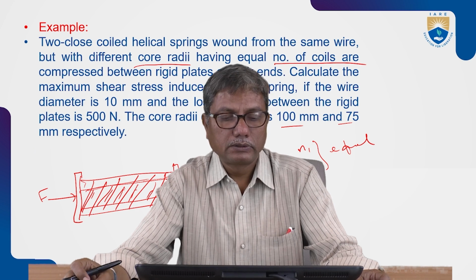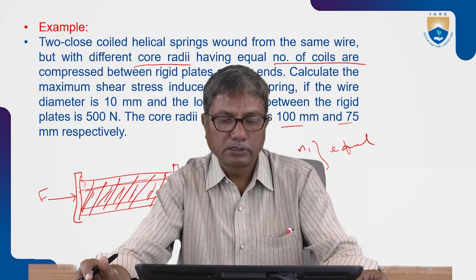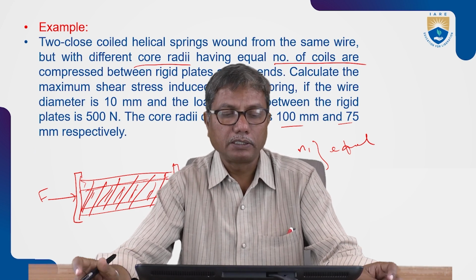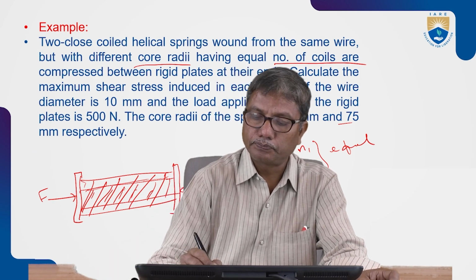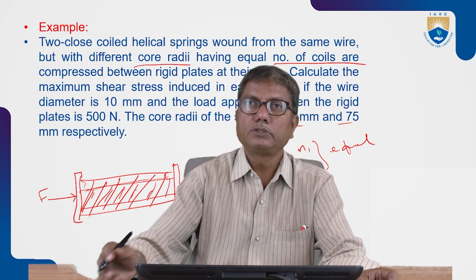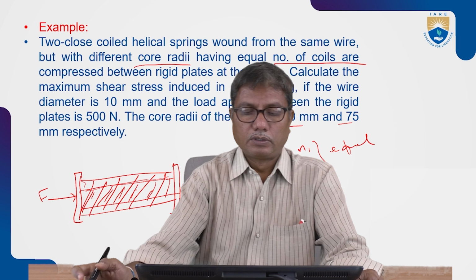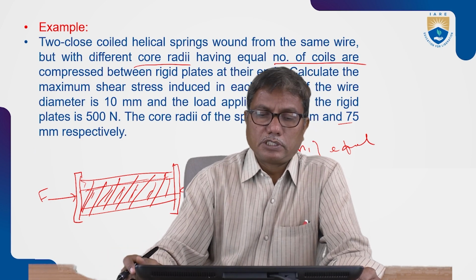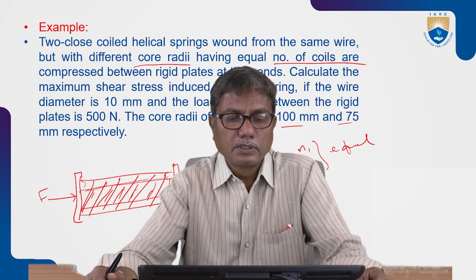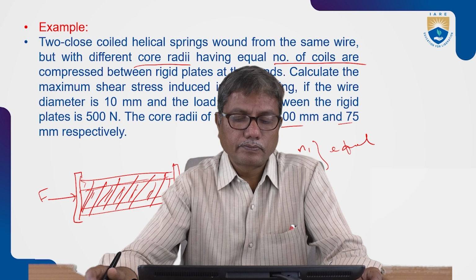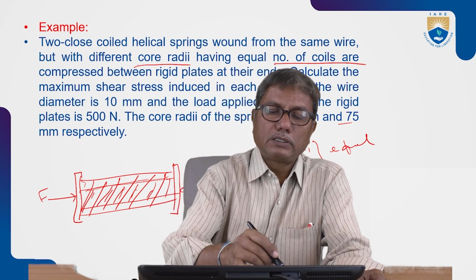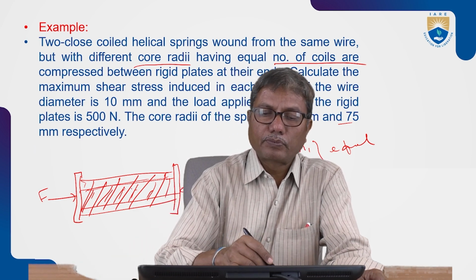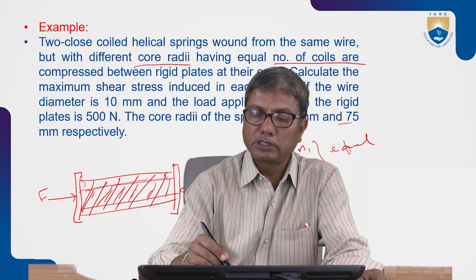Now, to find the shear stress induced in each spring, tau, we use the torsion equation. Before that, the core radii are given for both, 100 and 75 mm.